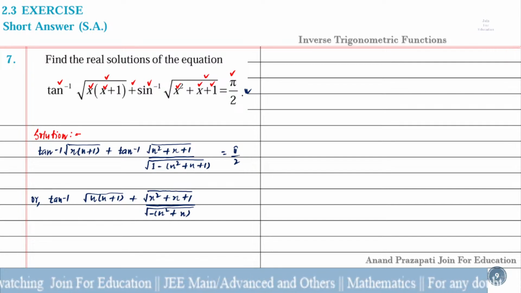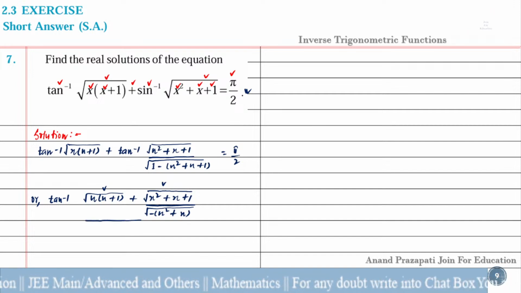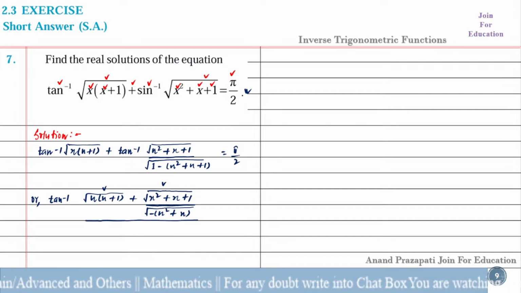So this is the x and this is the y, and we write here 1 minus xy.